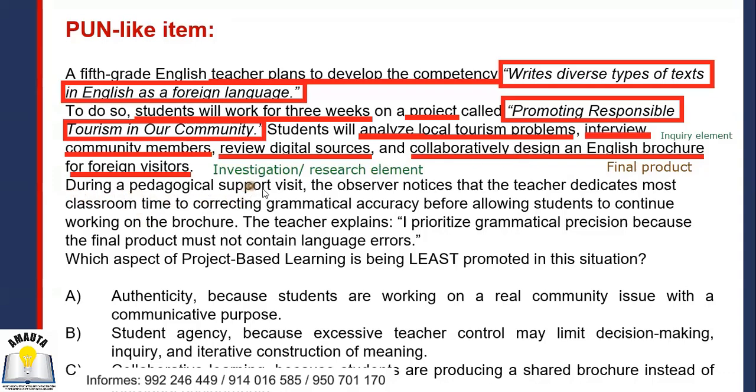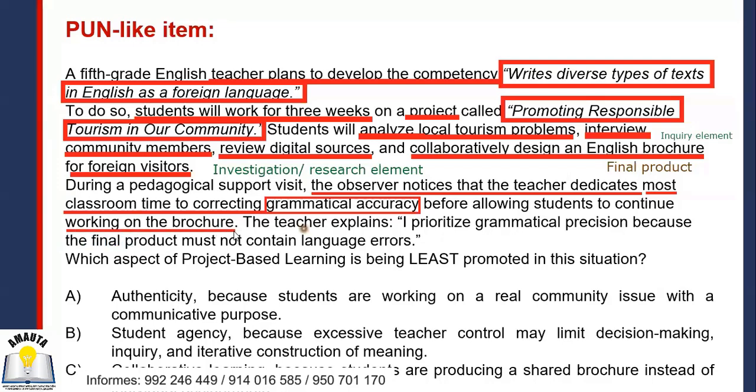During a pedagogical support visit, like the monitoring, right, the observer notices that the teacher dedicates most classroom time to correcting grammatical accuracy before allowing students to continue working on the brochure, all right?